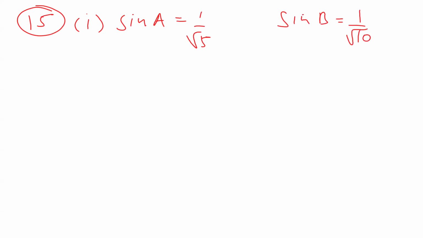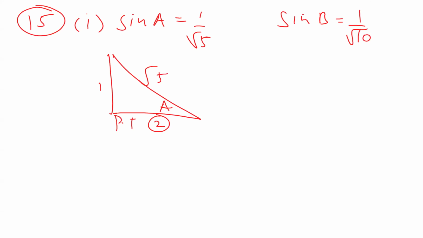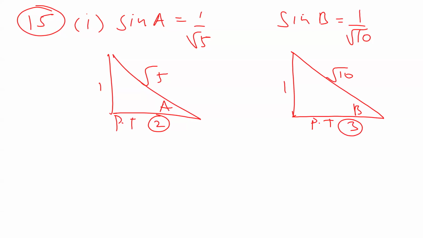So sine A. A is over here, opposite upon hypotenuse. So by Pythagoras theorem, if you calculate, this will be 2. And here sine B, opposite upon hypotenuse. So by Pythagoras theorem, if you calculate the adjacent side, it will be 3. So the value of cos A is 2 by root 5.